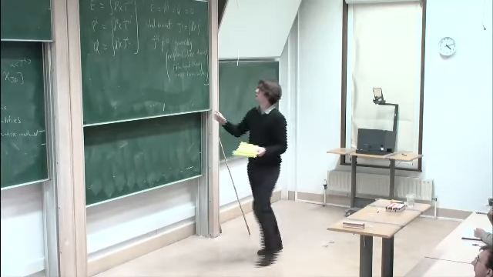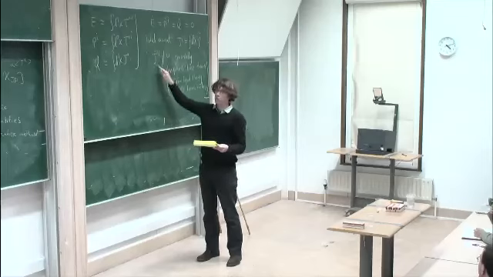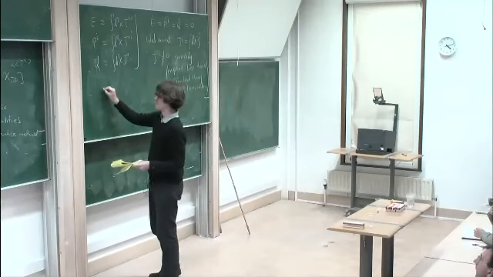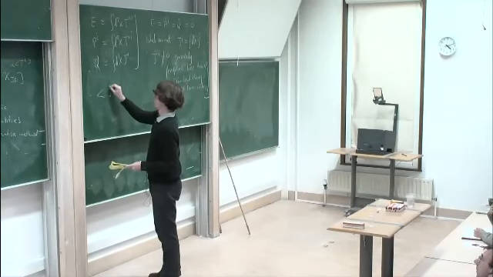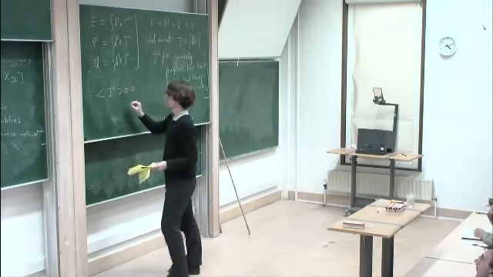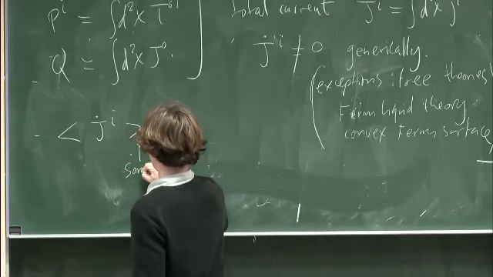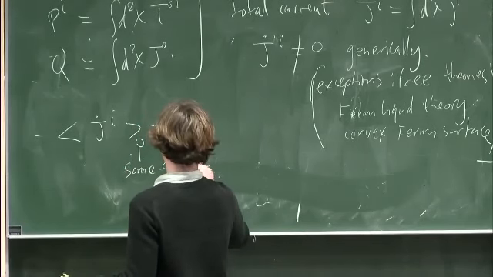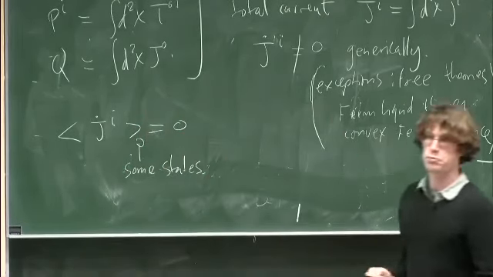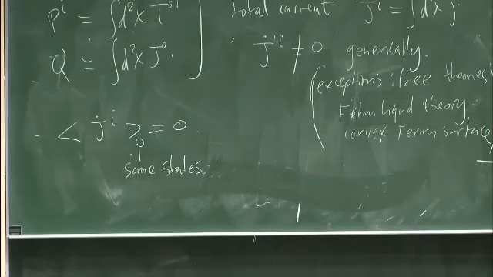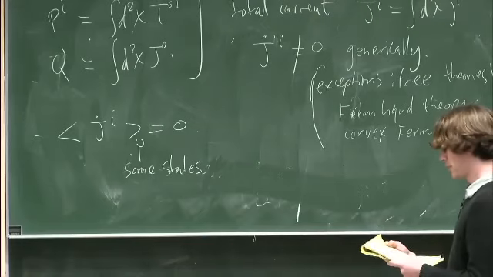However, the fact that this is not true as an operator equation doesn't mean that there are not states where J^i dot might be 0. In particular, there might be a state with a steady current, even though the current is not conserved as an operator.